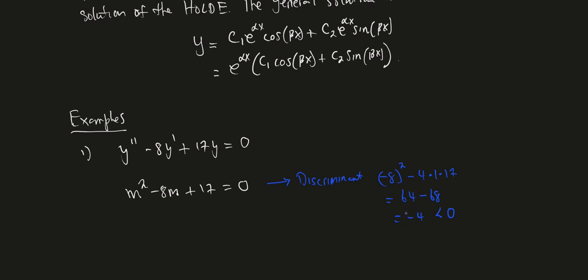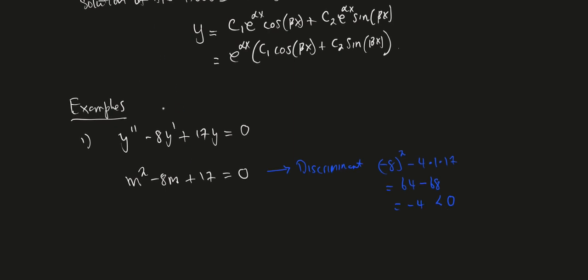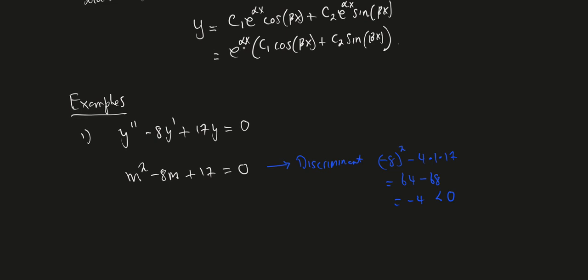So this tells me that my roots are going to be complex conjugates. So let's see what they actually are, right? Because what we need to be able to do is to identify the real and the imaginary part of the roots, because that's where I identify my alpha and beta.